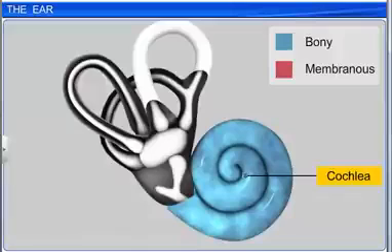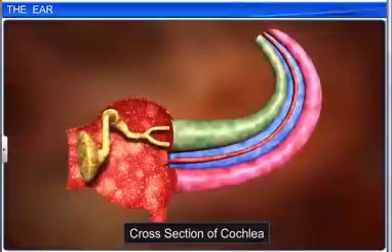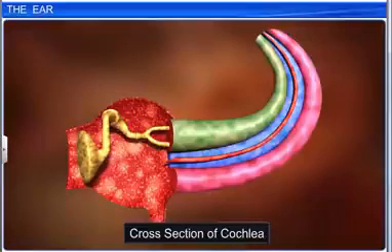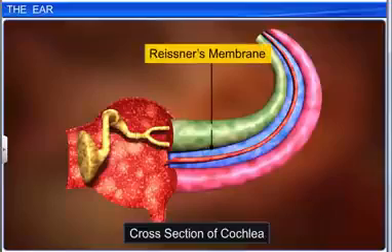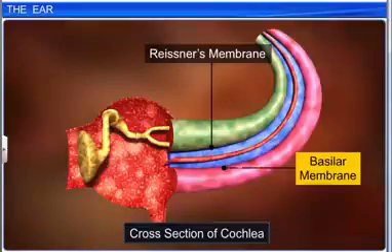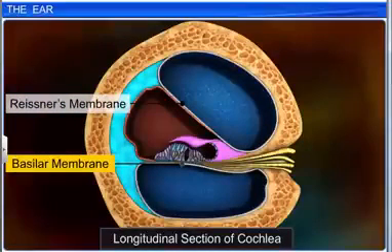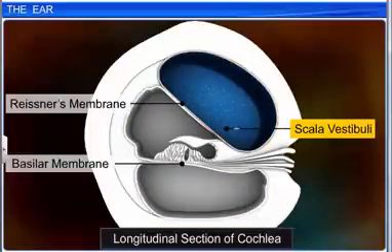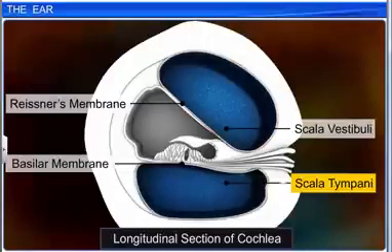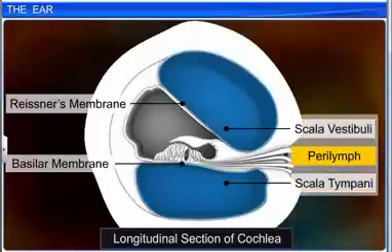The cochlea is the coiled portion of the bony labyrinth and is also known as the auditory section of the inner ear. The cochlea, in turn, has two membranes, namely Reissner's membrane and the basilar membrane. Reissner's membrane and the basilar membrane divide the bony labyrinth into an upper section called the scala vestibuli and a lower section called the scala tympani, which are both filled with perilymph.